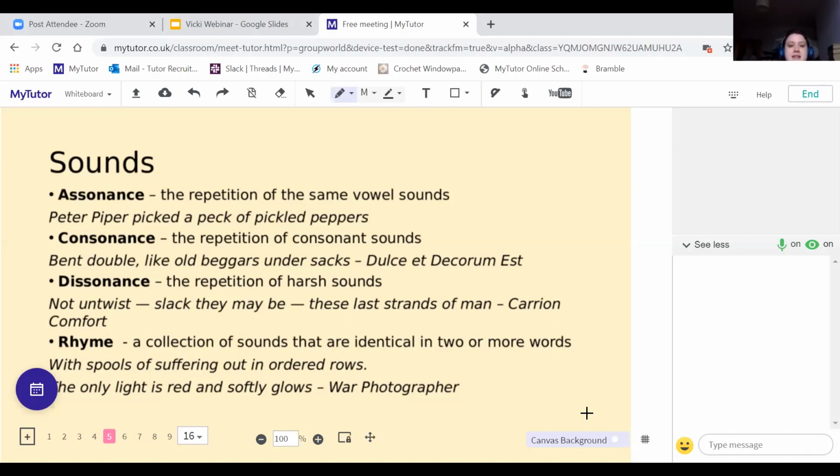So assonance, so this is a repetition of the same vowel sounds, so Peter Piper picked a peck of pickled peppers. So the repetition of the E sound and the I sound. Remember, when you look at vowels, we only have essentially 5 vowels that we actually write, yeah? So A, E, I, O, U. However, we can have 2 vowels next to each other, which create what we call a diphthong.